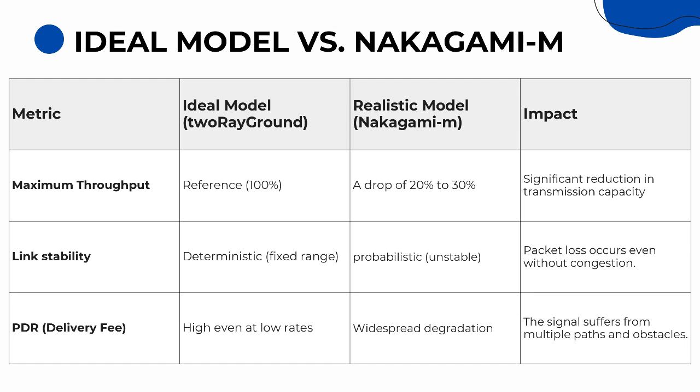This shows us that in the vehicular network layer, packet loss occurs not only due to congestion, but also due to the unstable nature of the wireless channel itself. For safety-critical applications such as automatic braking, this variation of up to 30% in packet delivery can be the difference between system success and failure.